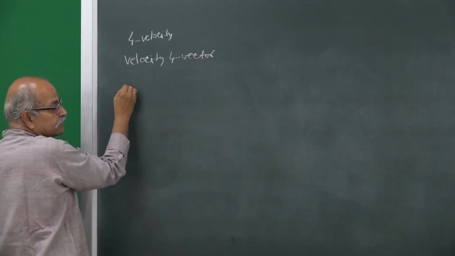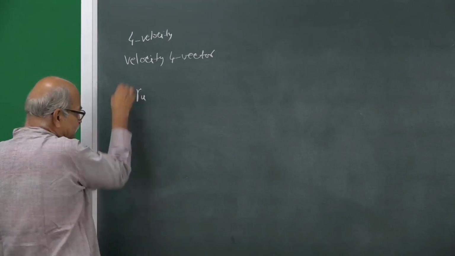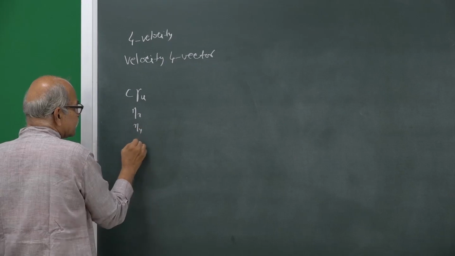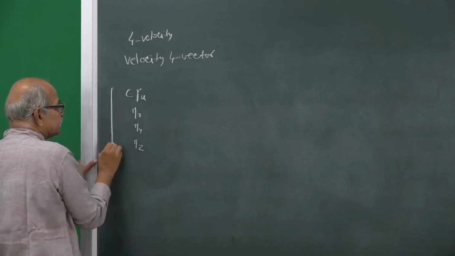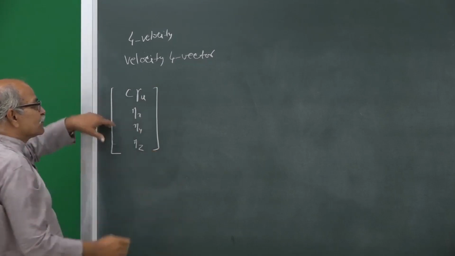And its components are c times gamma u, and let me write in column form, eta x, eta y and eta z. This is it. This is a 4 vector, the velocity 4 vector.